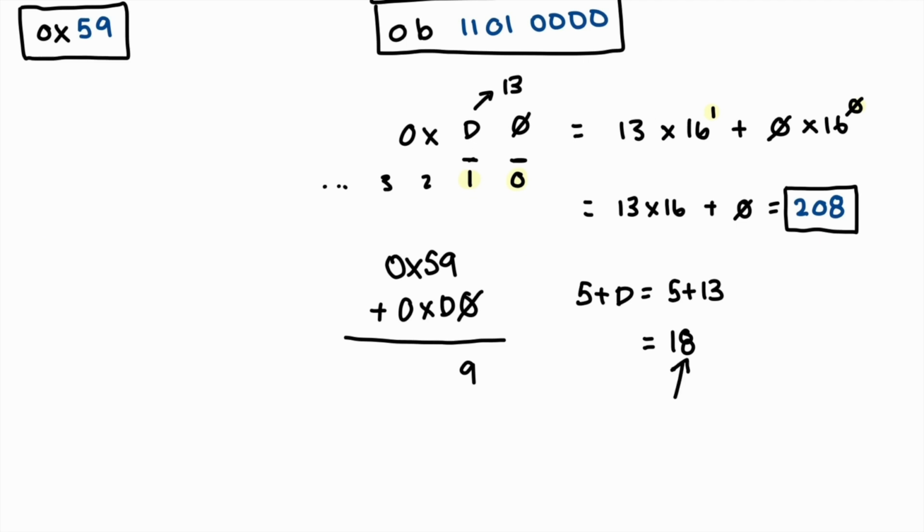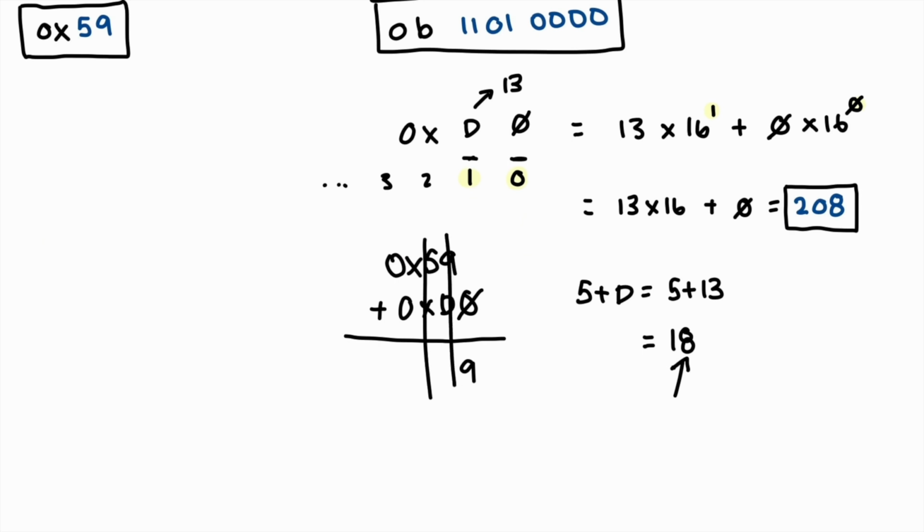The main problem is the largest number that we can express in one column is 15, which is equal to F. So we'll carry the 16. We're in base 16 in hexadecimal. That 16, we're going to carry out to the next column, and we're going to express it as 1.